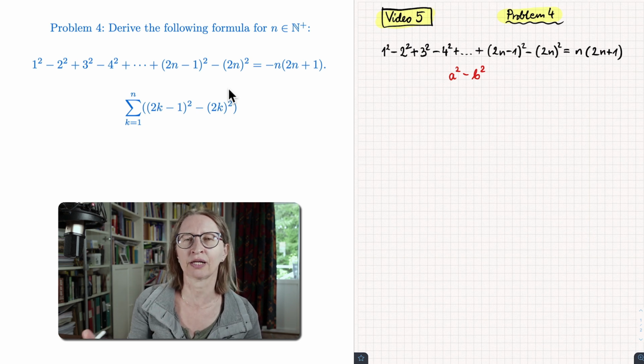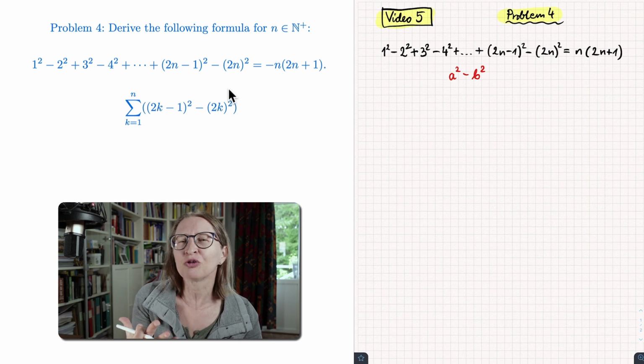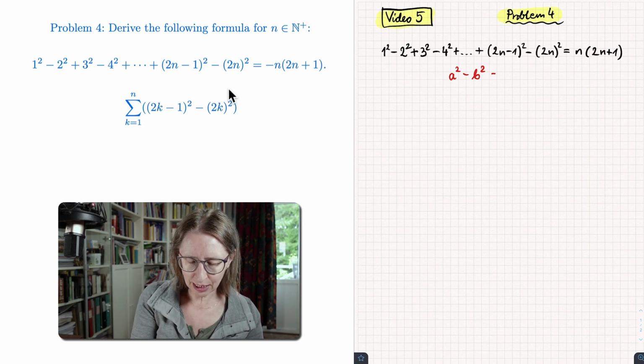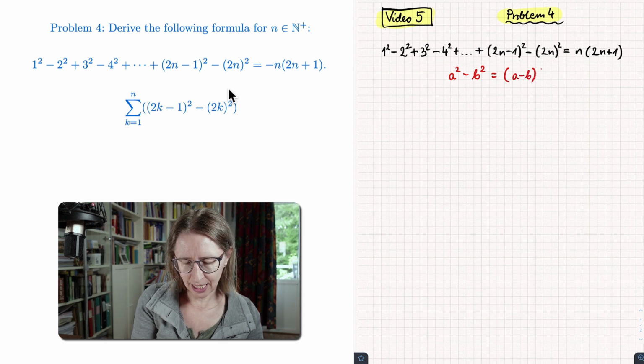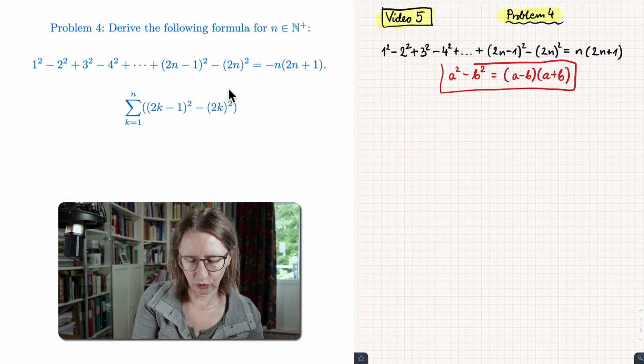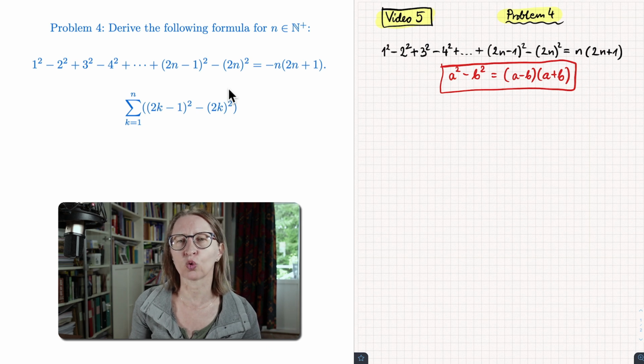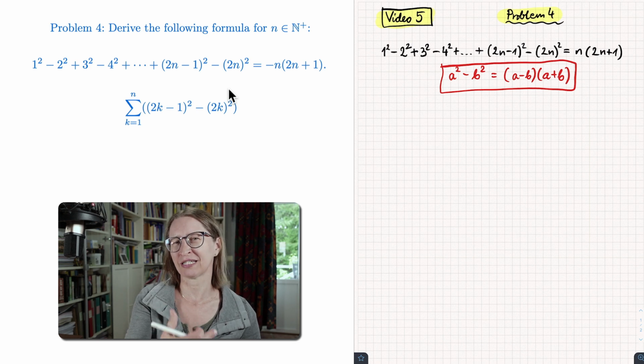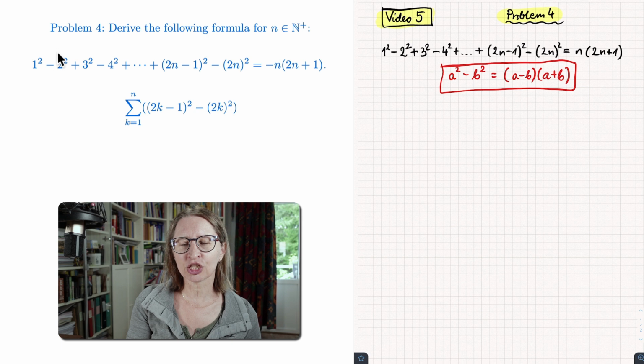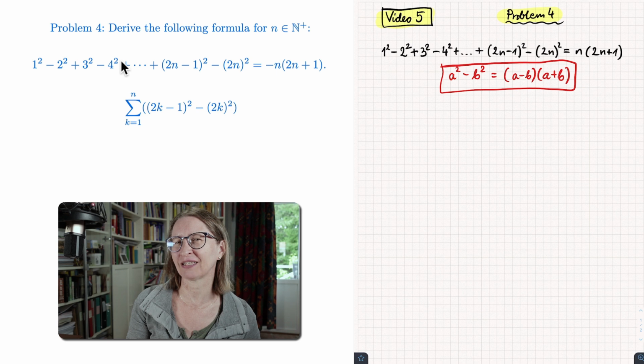It can be natural numbers, it can be any real numbers, is equal to the product of the difference and the sum. This is the formula for the difference of two squares. And so try to use this formula for each pair separately, and you will see what you will get.